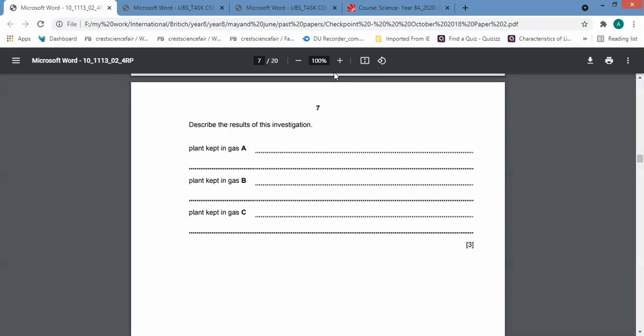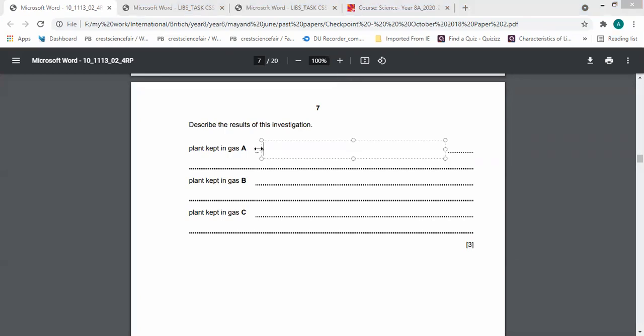We already did it. Okay. Plant kept in gas A, we said increased in size, right? And got bigger. Yes. In gas B, the plant is dying, or gets smaller, yes.